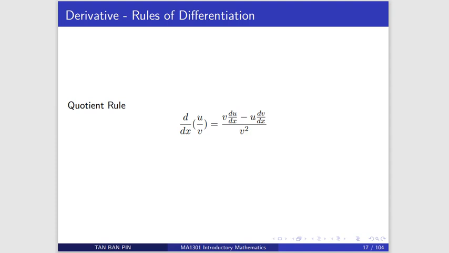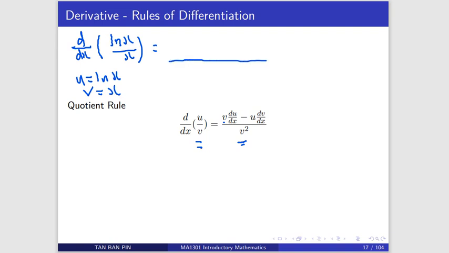Next you have the quotient rule to differentiate a fraction. Differentiating u over v gives v du/dx minus u dv/dx, over v squared. I'll show this example, which is also needed later in slide 20. It's ln x over x. So you take u as ln x and v as x, and then you can apply the quotient rule.